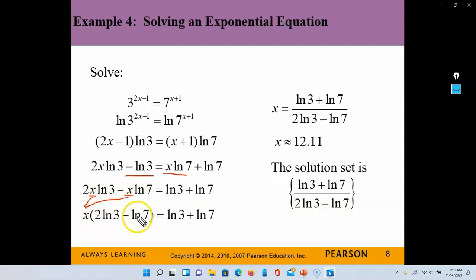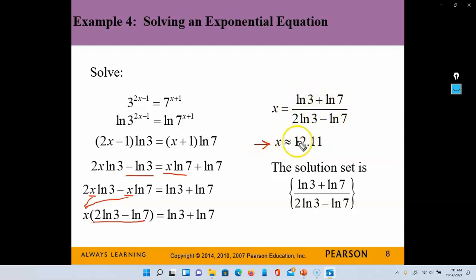So now, how do we find what x is? Well, we're going to divide both sides by this, which is what they're showing here. So what does x equal? Well, the exact answer is this. Put that carefully into your calculator and see if you get this.